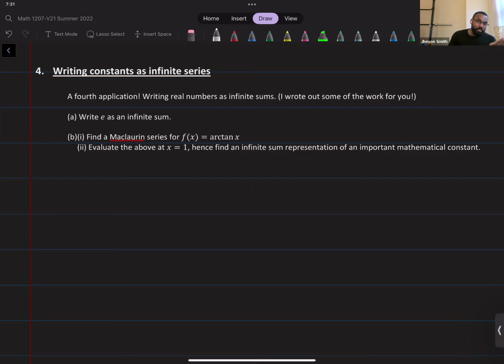Like if I have the number e, which I know is the limit as n approaches infinity of (1 + 1/n)^n, that's a limit. It's a very weird thing. Another way to express it is as a non-repeating infinite decimal, 2.71828, blah, blah, blah. But what if I wanted to express it as an infinite sum of terms? I could do that with series, and it's actually not that hard here.